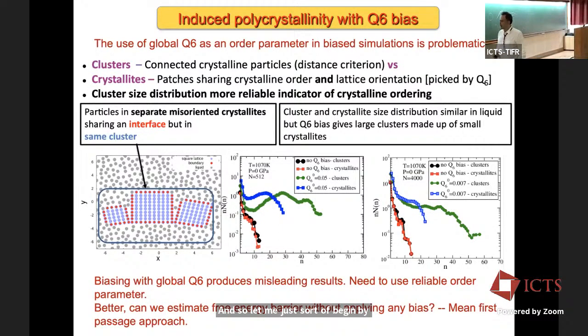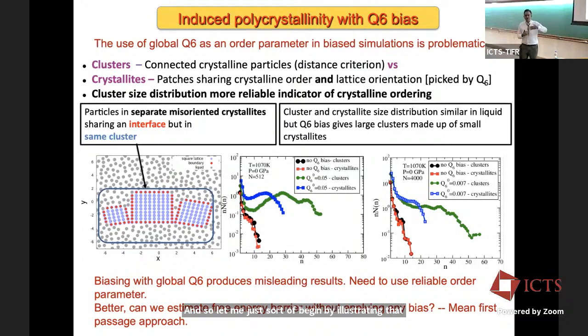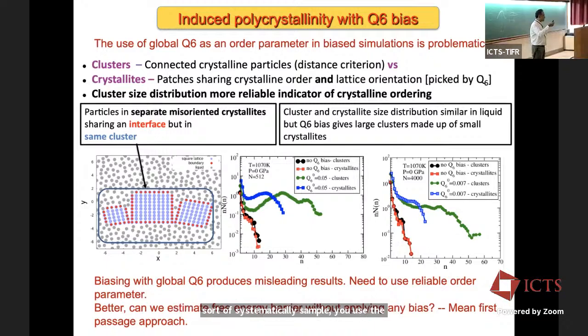The basic idea is when you perform simulations to access difficult to access regions in the order parameter space, or you want to systematically sample, you use the procedure of umbrella sampling, where you introduce a bias potential that restricts your system to a certain range of the order parameters, and then you remove the bias. I'm not going through the details of that because it's probably quite familiar.